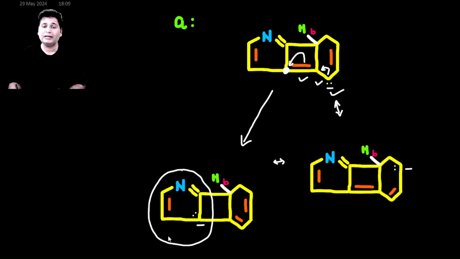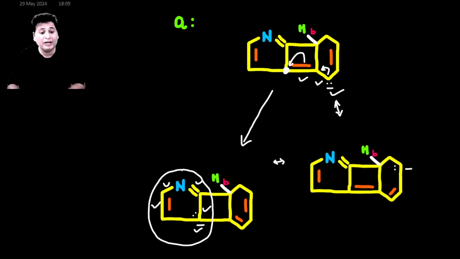You will find that all are sp2 hybridized, and on that ground you can say it's a cyclic, flat section of this anion. And next you will find a cyclic conjugation. How? You can see minus, single, double, single, double.